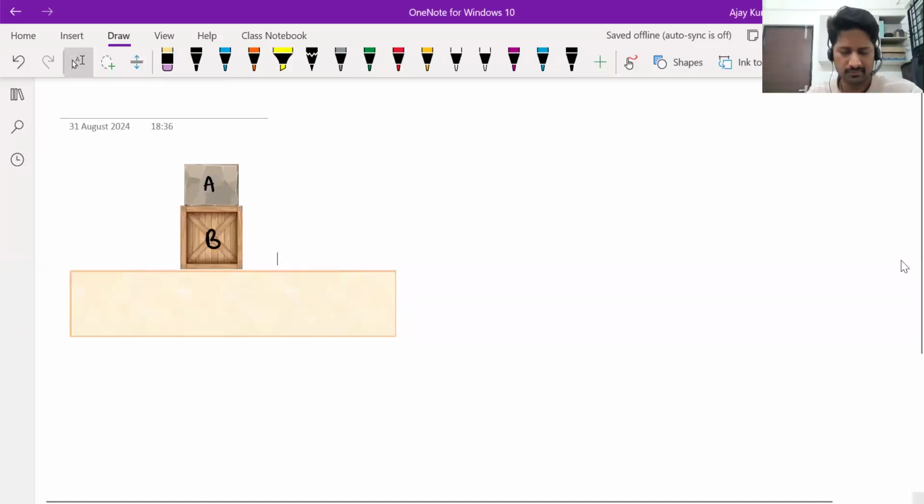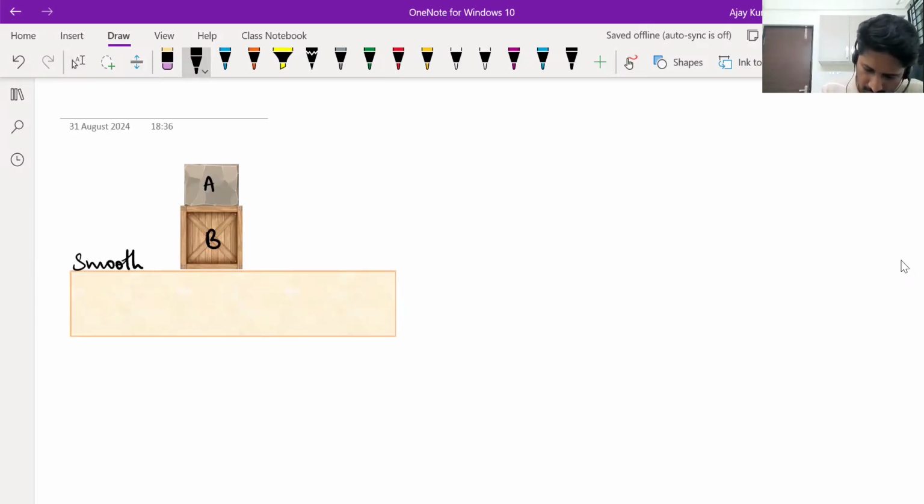Okay, so again, assume the floor is smooth, and the surface between the blocks is rough. The two materials have a coefficient of static friction of, let's say, 0.5 between them.